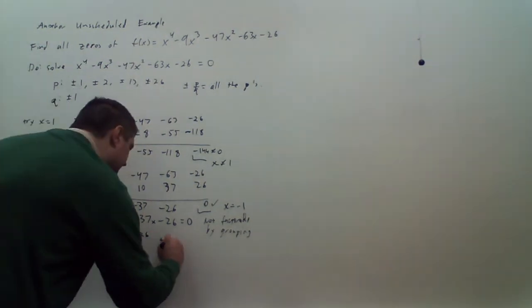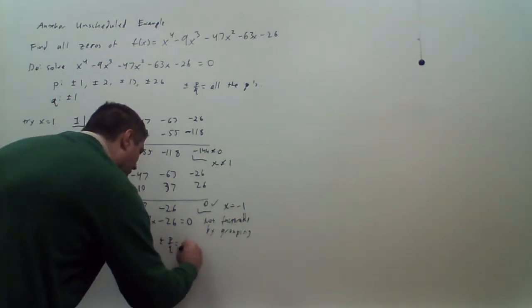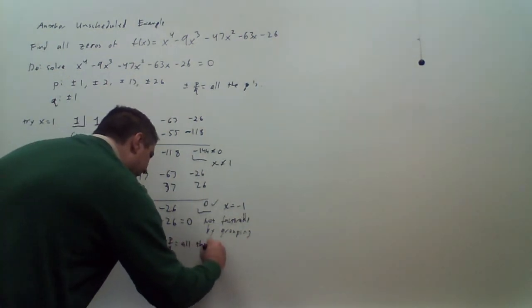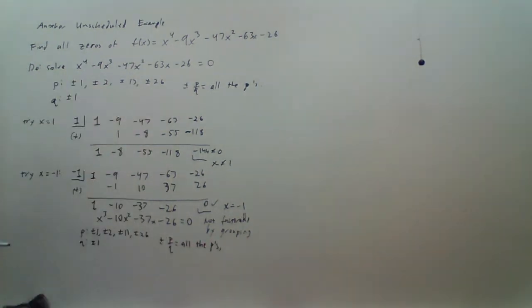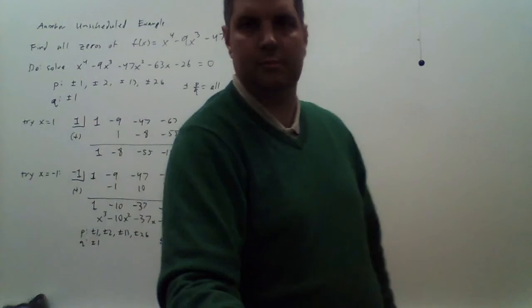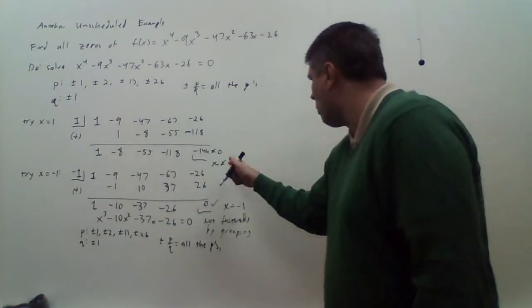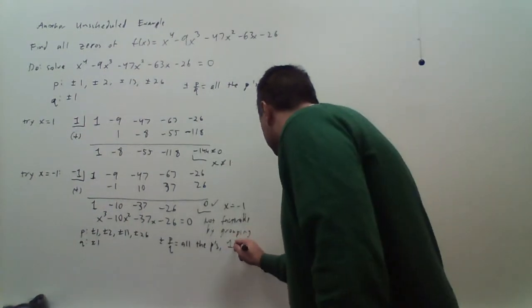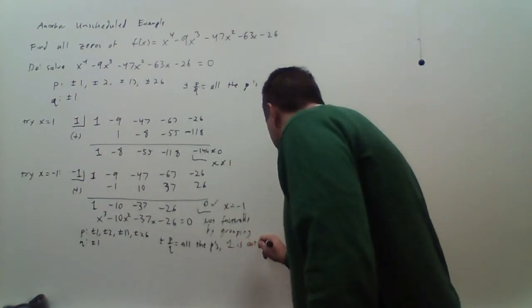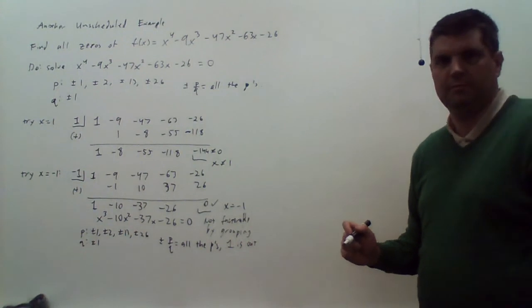So plus or minus P over Q equals all the P's with one exception. 1 is out.